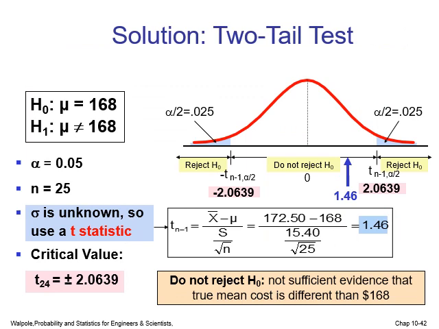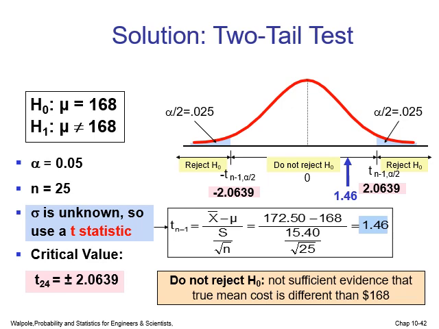Here's the solution. We need to draw a graph and divide the alpha. Since this is a two-tailed test, we put this half value on the upper and lower sides.